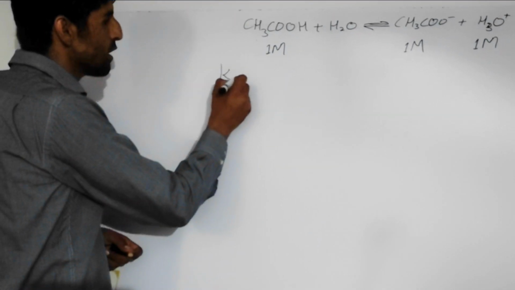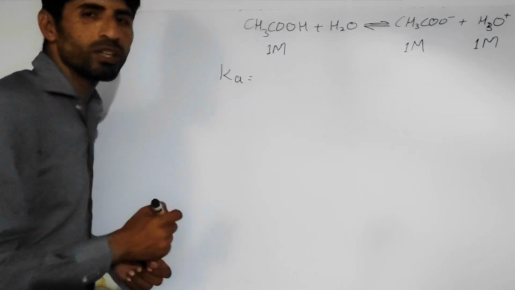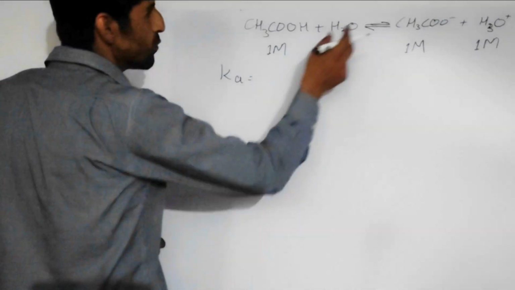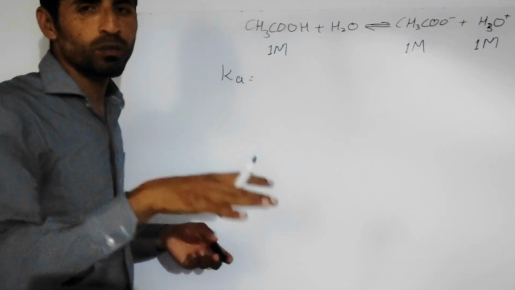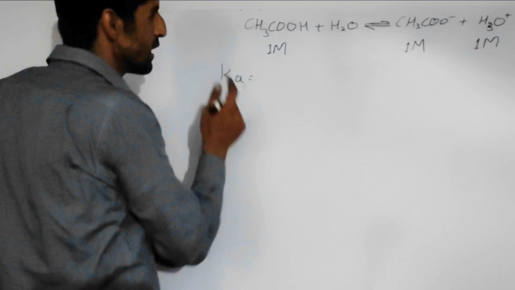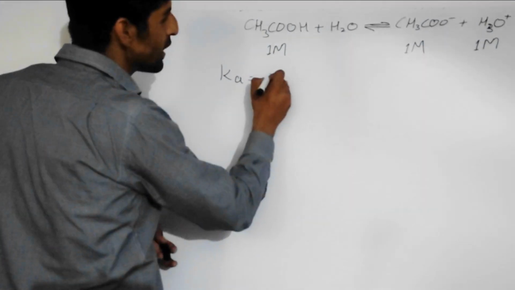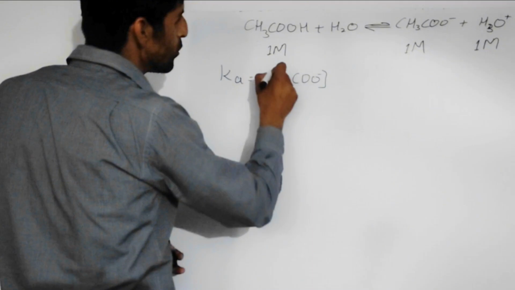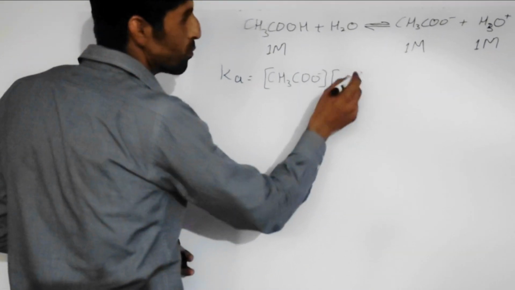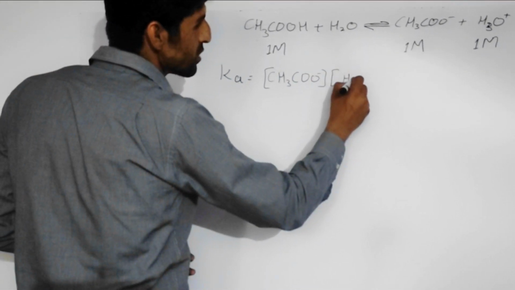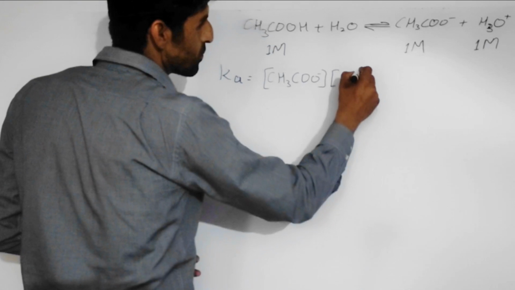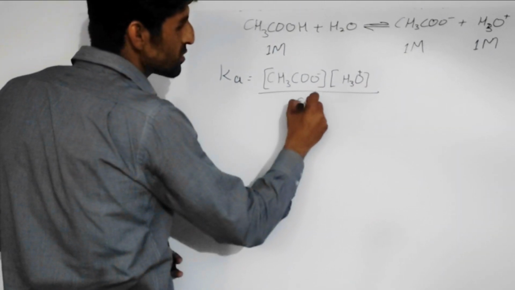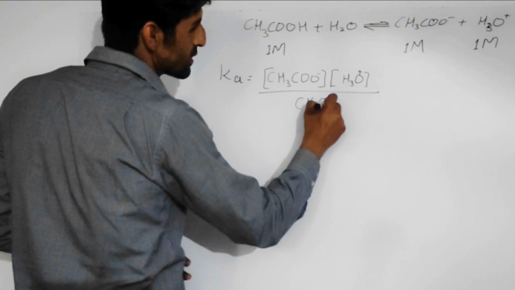Ka is the dissociation constant for the acid. To find it, we write the equation: the molar concentration of the products over the molar concentration of the acid. So here, the molar concentration of acetate ions, multiplied by the molar concentration of hydronium ions, over the molar concentration of acetic acid.